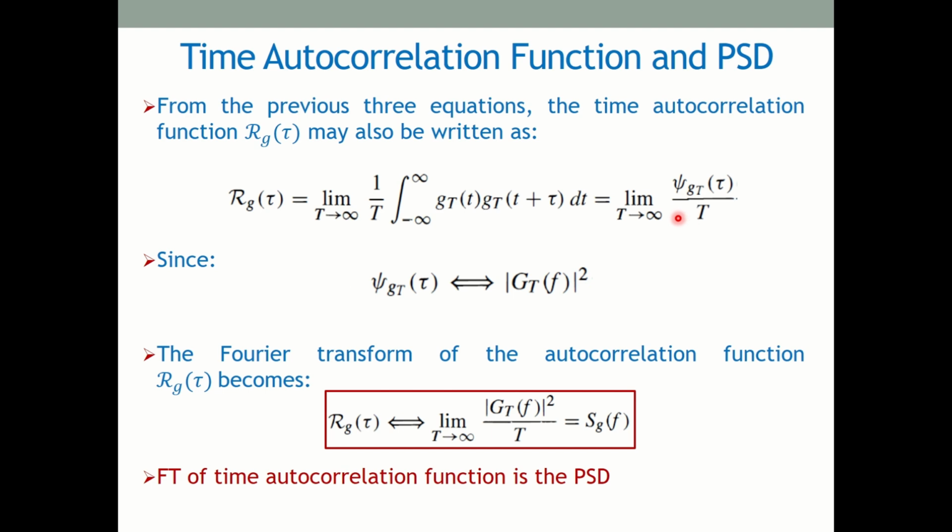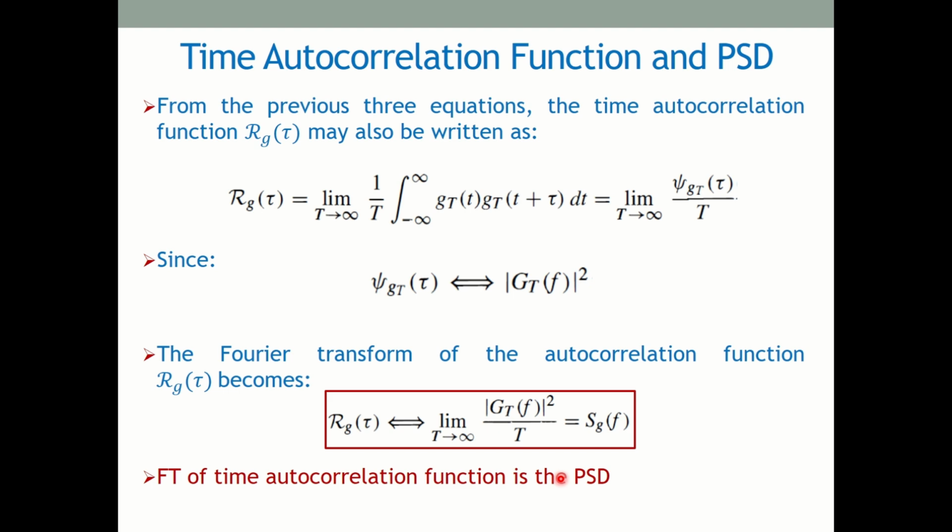That means we are going to have limit T approaching infinity as before. We have the time T here as well, and the Fourier transform of autocorrelation function, this one, is equal to energy spectral density, which is written here. So that means the Fourier transform of time autocorrelation function is equal to the PSD, the power spectral density.